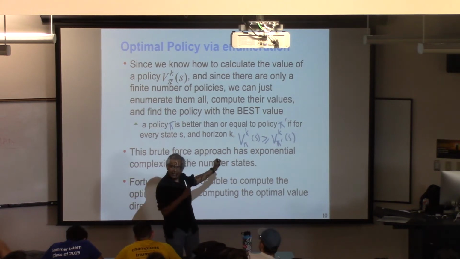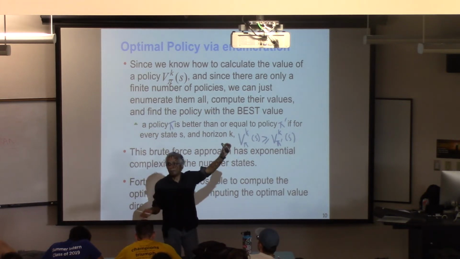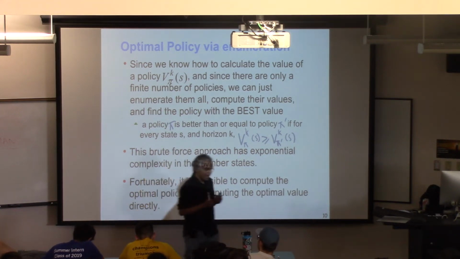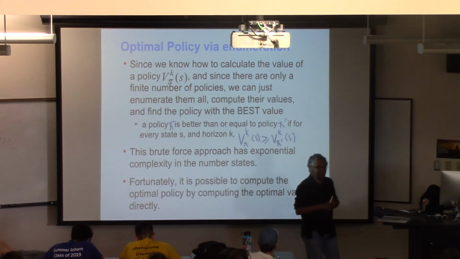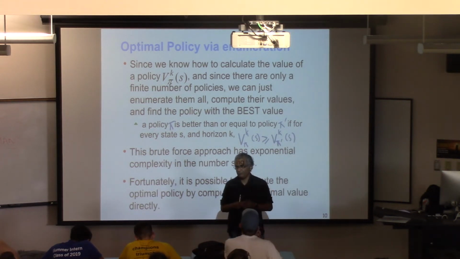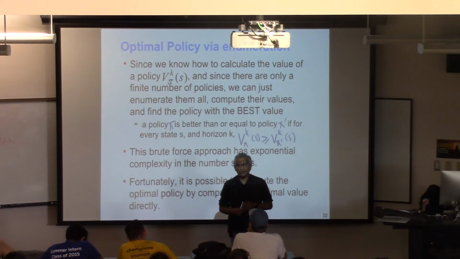It will be a little harder than just computing the value of a policy. As you saw, it will involve maxing over multiple actions that you can take from that state. But if you do that maxing, then you will get the optimal value of all the states. Once you get the optimal value of all the states, you know the policy.